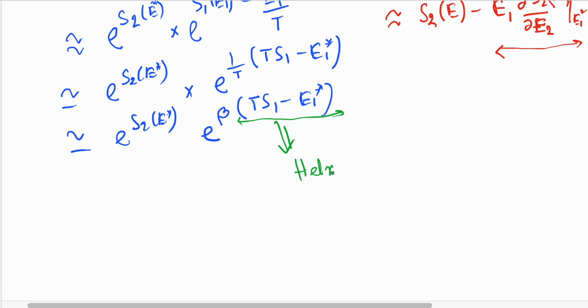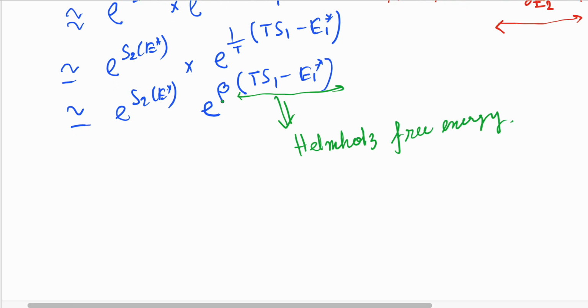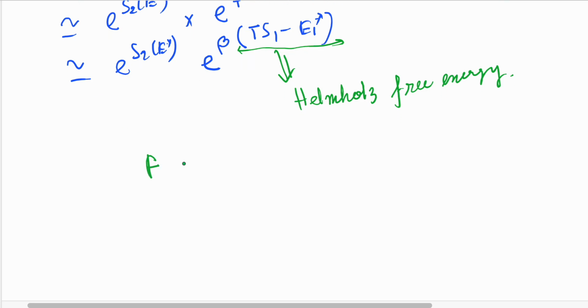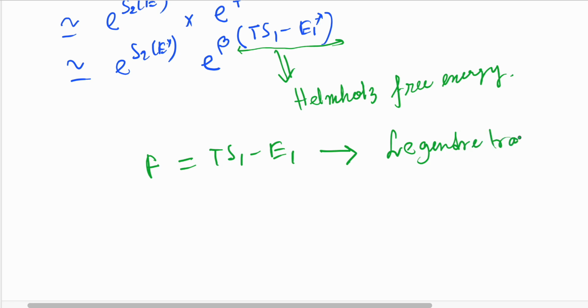This free energy, T S1 minus E1, is called the Legendre transform of the entropy function.